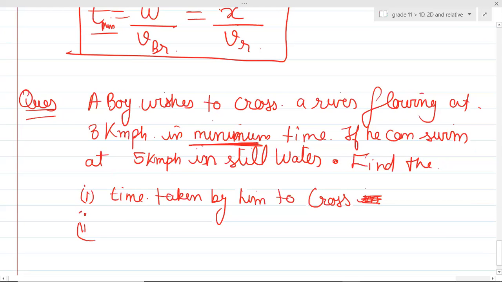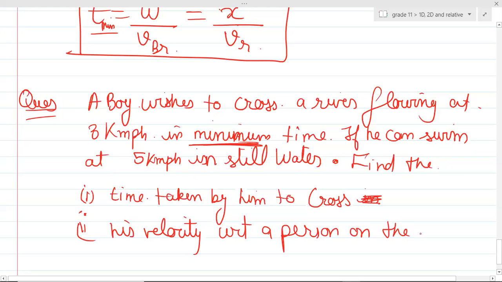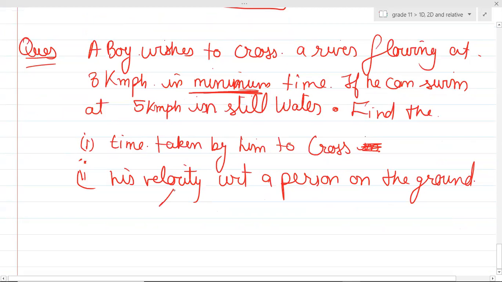Please note, minimum time. Second, his velocity with respect to a person on the ground. So when I talk about velocity, I need magnitude as well as direction, both. Find this.